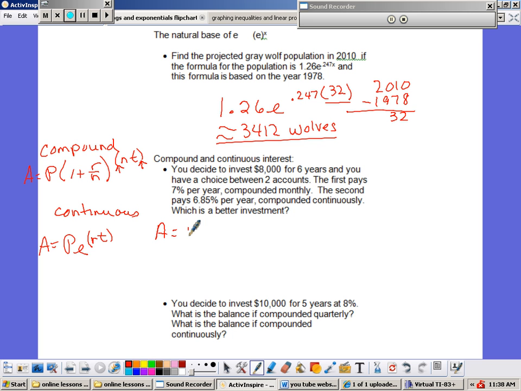So A is equal to 10,000 times 1 plus 8% quarterly, 4 times a year, raised to the 4 times 5. And what is the balance if compounded continuously? A is equal to 10,000 E raised to the 0.08 times 5.